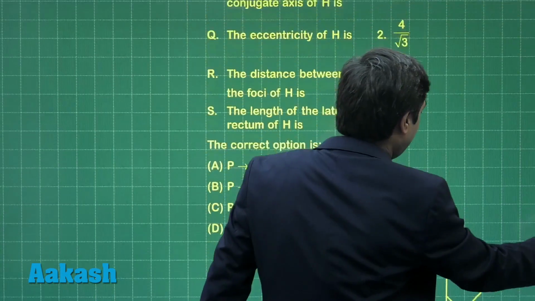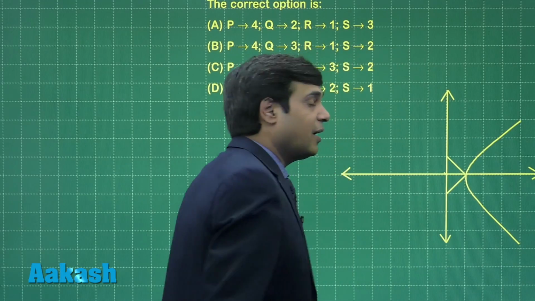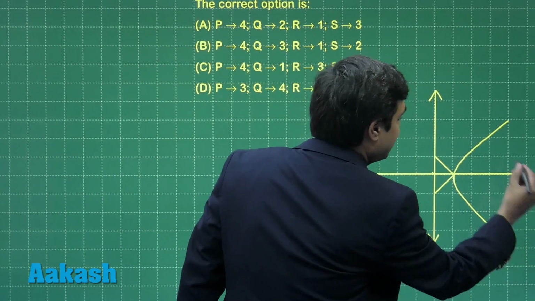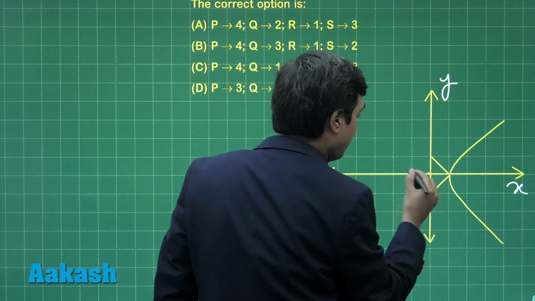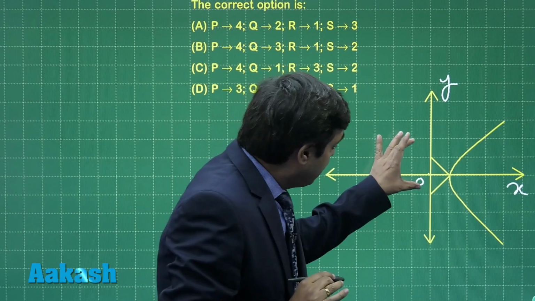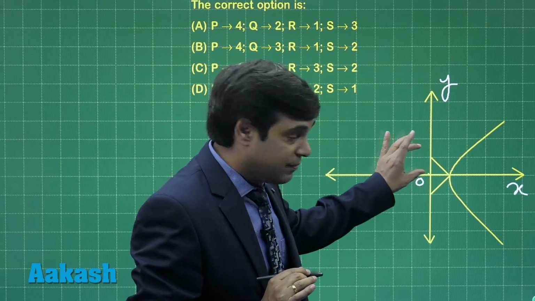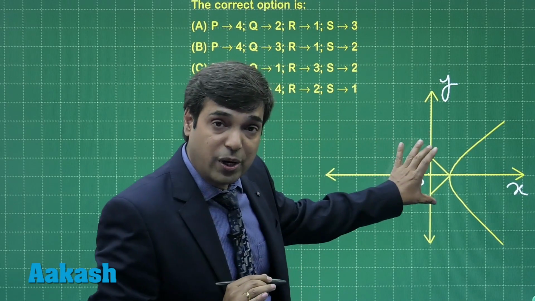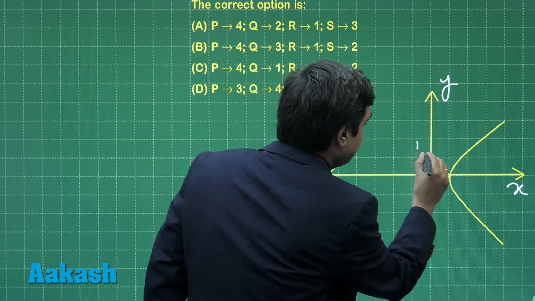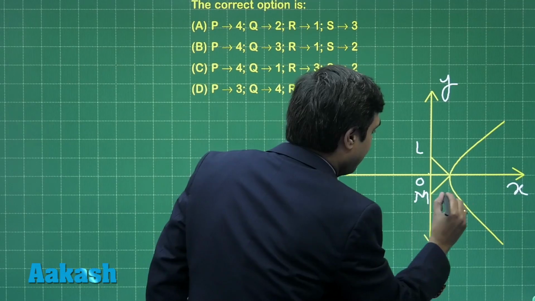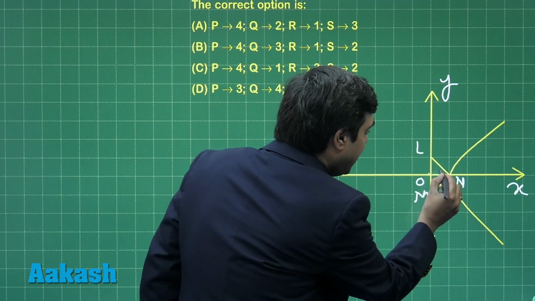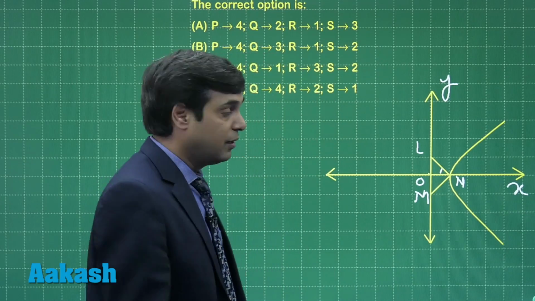So, let us start by considering a hyperbola in this way. Say it is here, x axis, y axis and origin. It is given that the semi conjugate axis, let us consider B, then the conjugate axis is subtending an angle of 60 degrees at one vertex, let us say L, M, N. This angle is 60 degrees, meaning this half angle is 30 degrees.